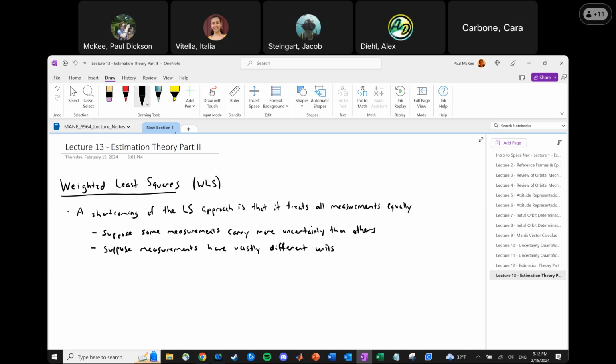One example I would give is, and we haven't quite made it to triangulation yet, but suppose you are trying to triangulate the location of a spacecraft that's here, and you know the apparent direction to the Earth, which is right next to you, and then you also know the apparent direction to Saturn.